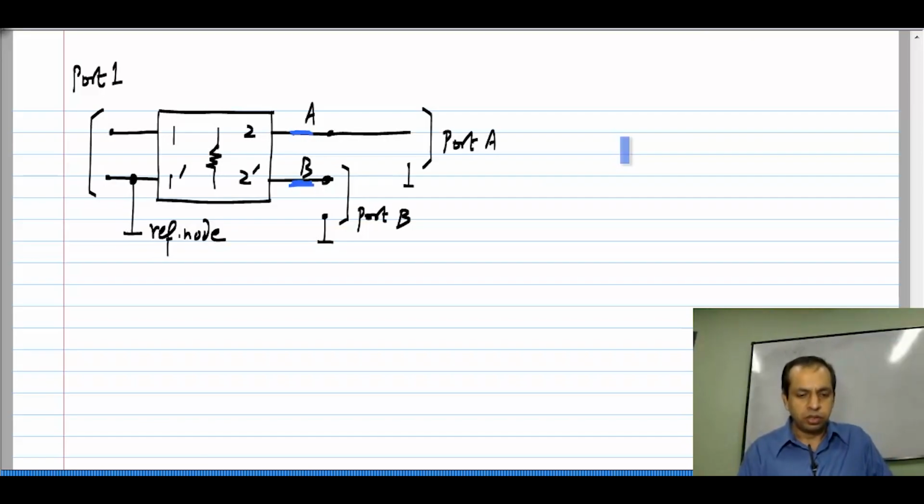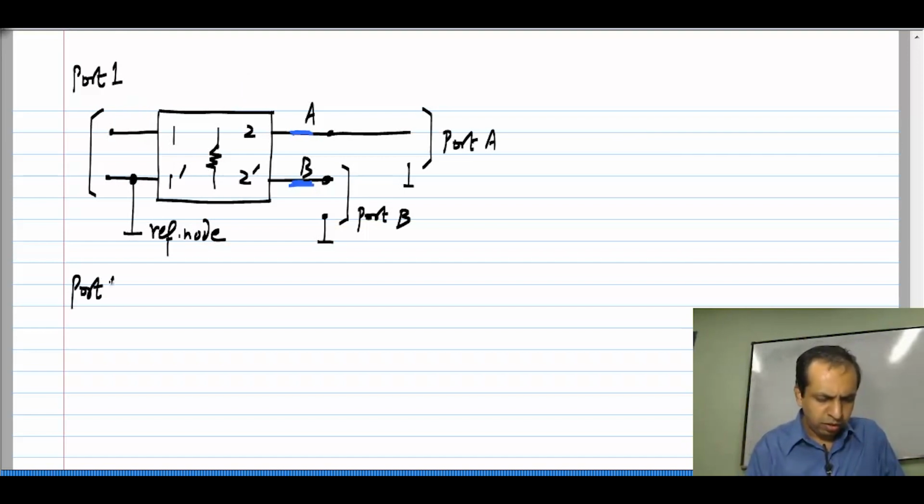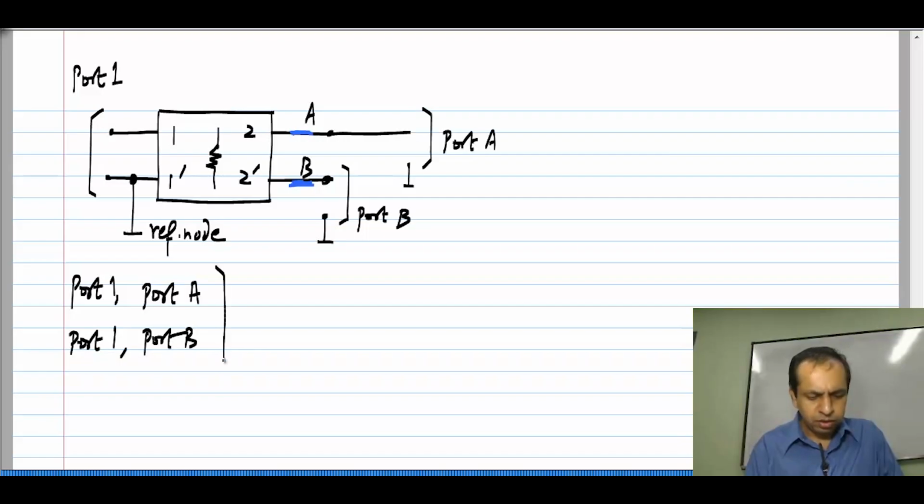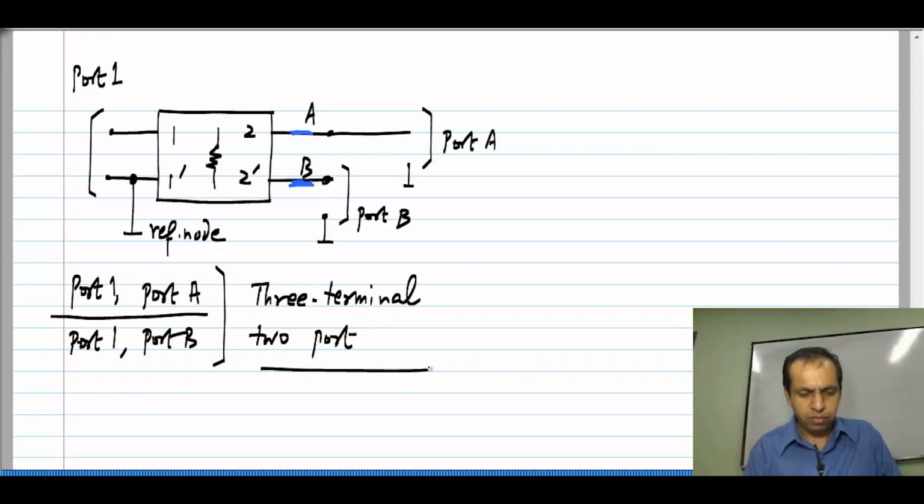Okay. So, now if I take any two of these, so let us say port 1 and port A, or port 1 and port B. So, each of these is a 3 terminal 2 port.